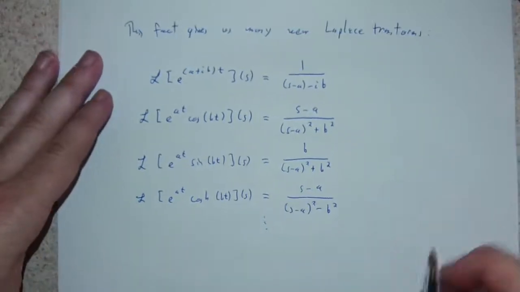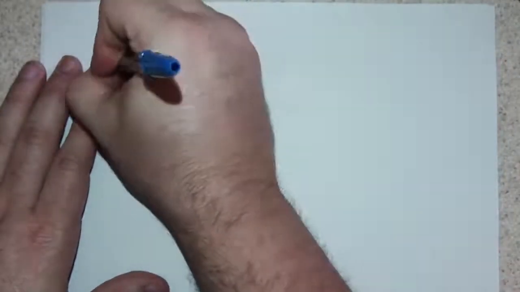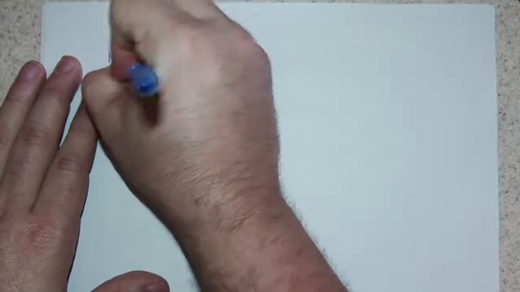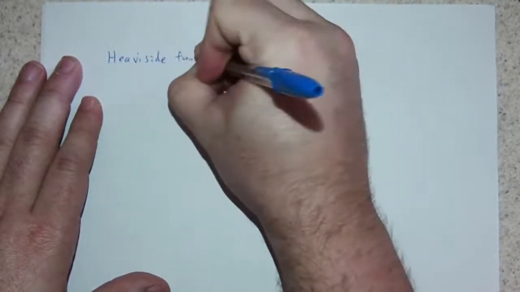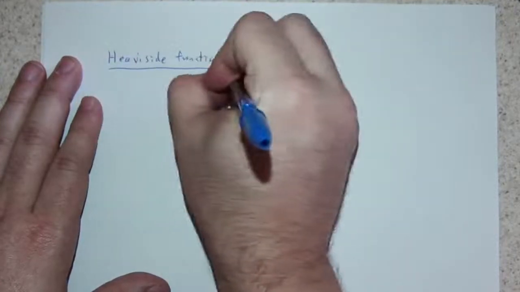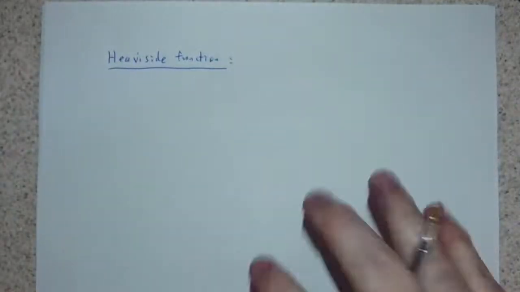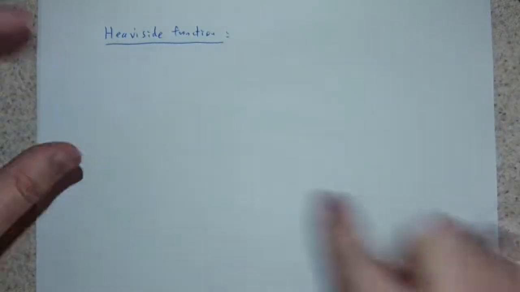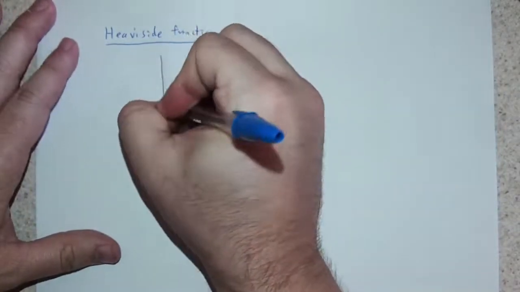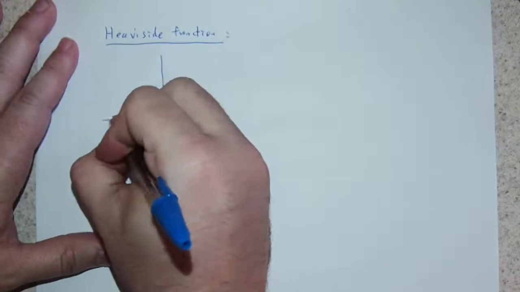Now, before I can talk about this next property, I want to discuss what's called the Heaviside function. What's the Heaviside function? This is also called the unit step function. You may have seen this previously. One way of thinking about it is that it's like a switch.